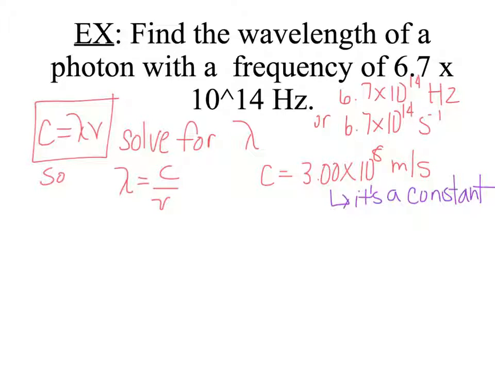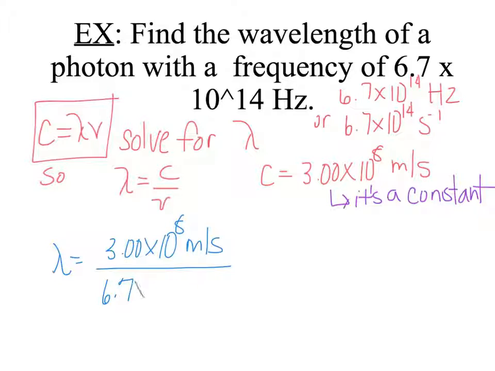So we're going to say wavelength is equal to 3.00 times 10 to the 8th meters per second, and we're going to divide that by 6.7 times 10 to the 14th seconds minus 1. And in this case, our seconds are going to cancel out.